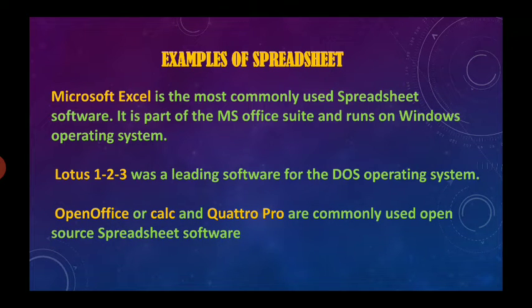Next, OpenOffice Calc and Quattro Pro were commonly used open source spreadsheet software. These are generally taught in some schools, but in practice we also do not use them. So these are some examples of spreadsheet software: Microsoft Excel, Lotus 123, OpenOffice Calc, and Quattro Pro.